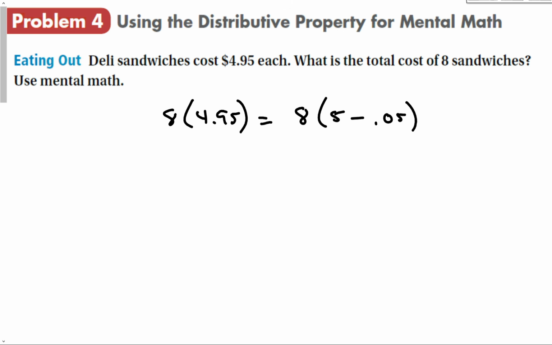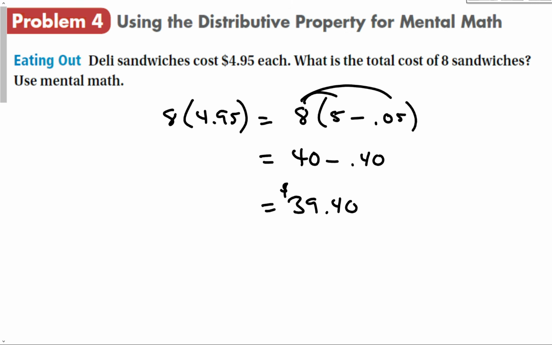That will be the way to do this with mental math, because we should know that 8 times 5 is 40 bucks. 8 times 0.05, we just move that decimal, is going to be 40 cents. So $40 minus 40 cents gives me $39.40. And we were able to do this quickly with mental math.